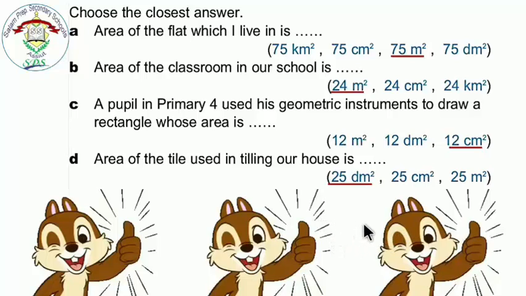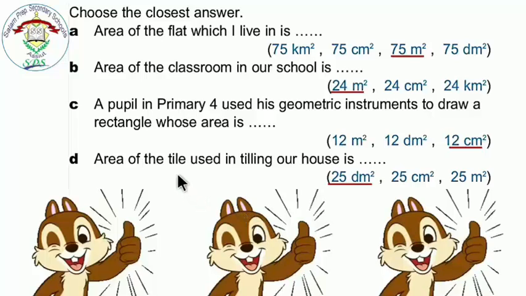So 5 decimeter equals 50 centimeter, but here it is 5 centimeter. So it's reasonable that the side length of the tile is 50 centimeter, not 5 centimeter. 5 centimeter is very small.